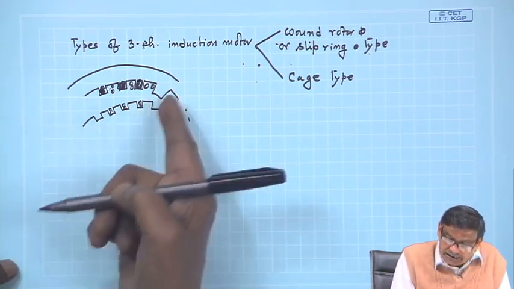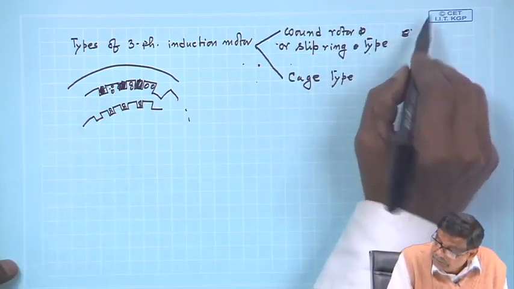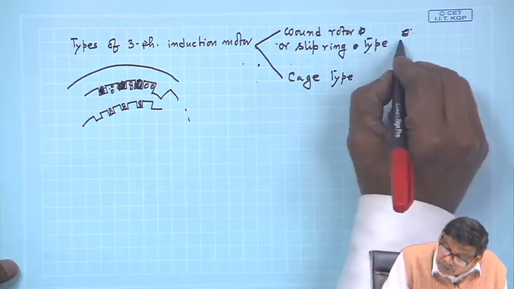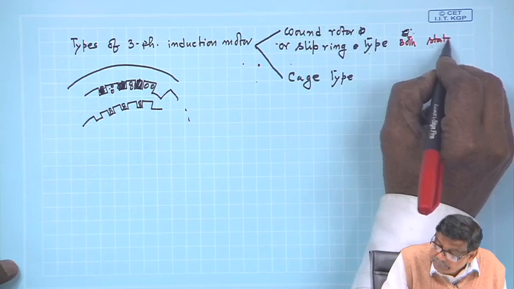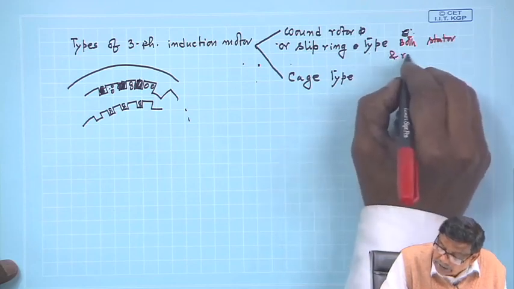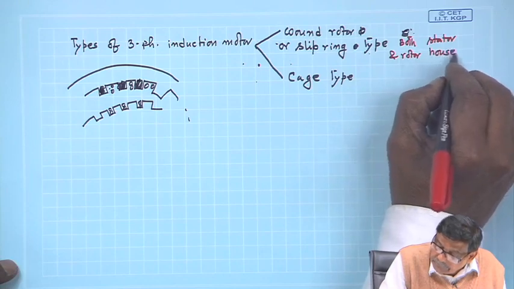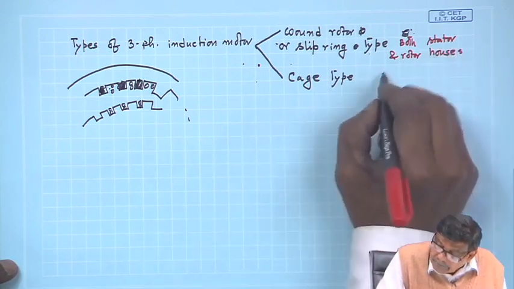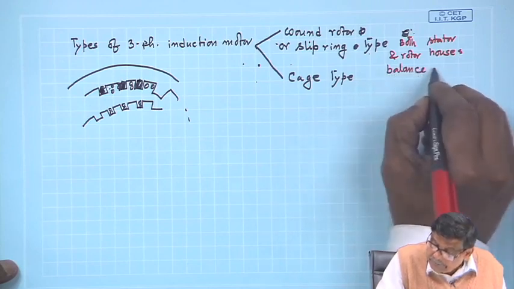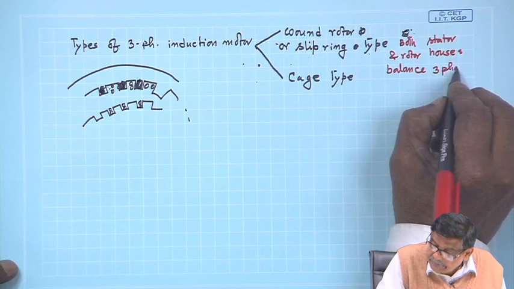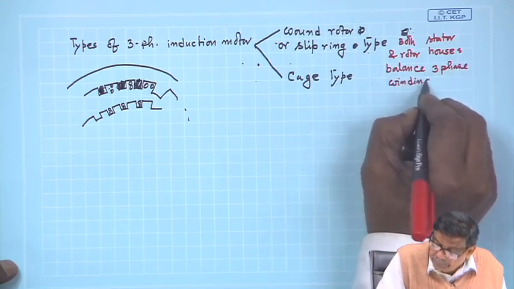So, both stator and rotor in this machine house balanced 3 phase winding, both of them.